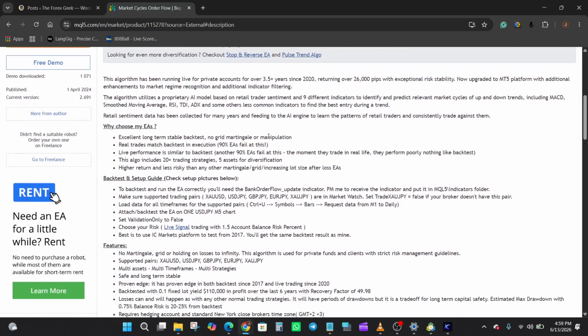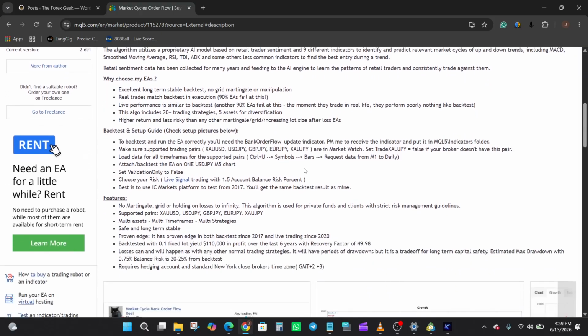Now, when we get into the settings and setup information, there are several important notes provided. The developer states that the EA requires the Bank Order Flow Update indicator for proper operation and backtesting.